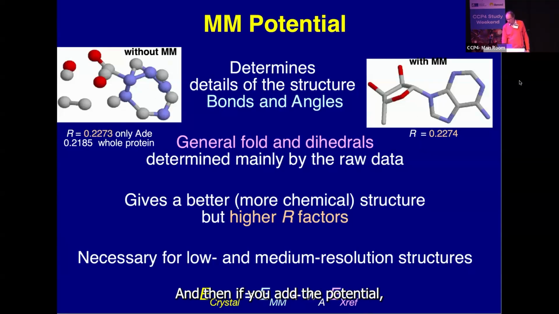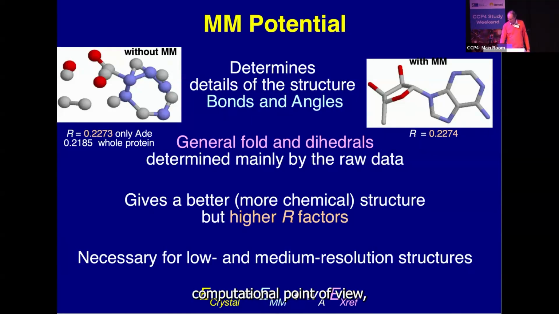And then if you add the potential, you get the chemical structure back. You should always remember that this takes the structure away from the crystallographic raw data. So the R factor will increase a little bit, but very little if you do it only for a small site. If you do it for the whole protein, it starts to be significant.